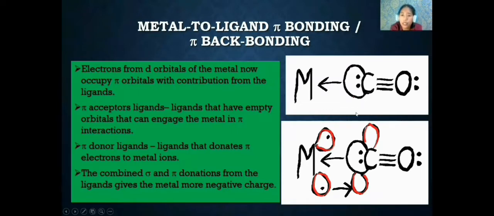For the figure on top, carbon here is the pi donor ligand because it donates pi electrons to the metal, while in the picture below, carbon here is the pi acceptor ligand because metal ions give back electrons to the carbon ligand. So it is considered a pi acceptor ligand. So this is back bonding.